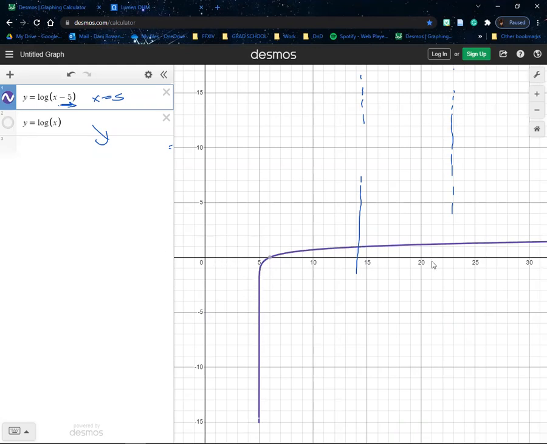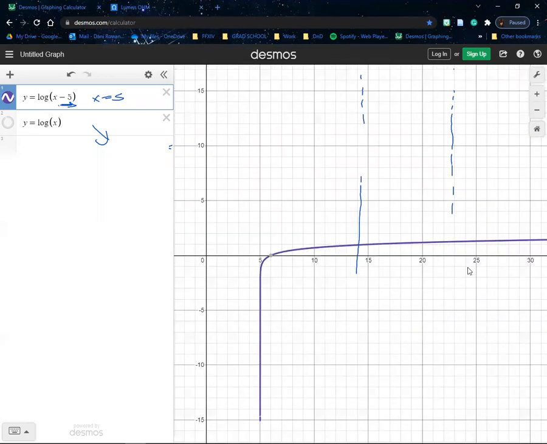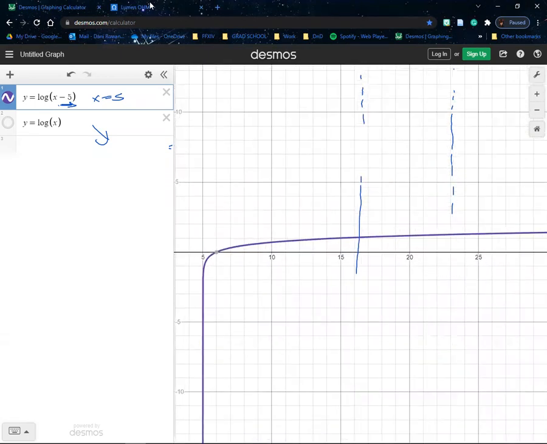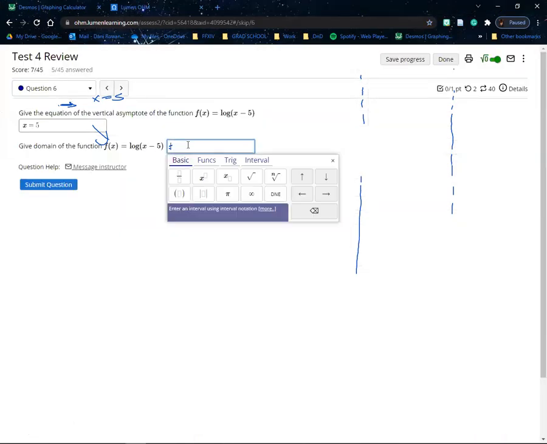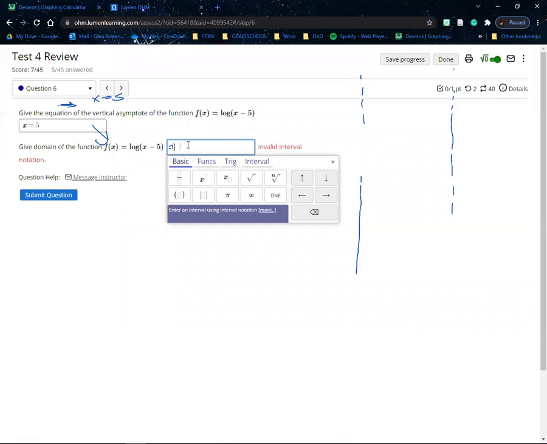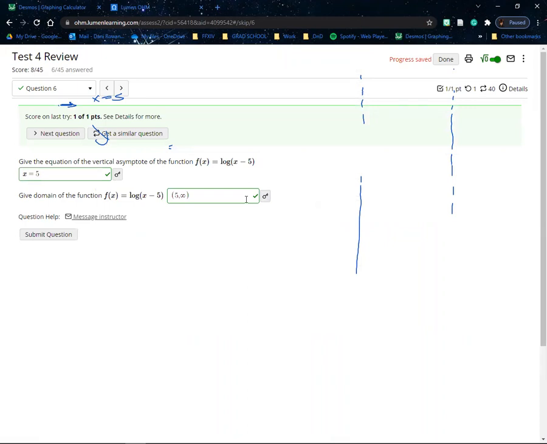Oh, at 5. Starts at 5, and where's it go till? Infinity. Yeah. The other thing to note is that 5 is not included, right? It's gonna get super close. Never gonna touch it. Okay.